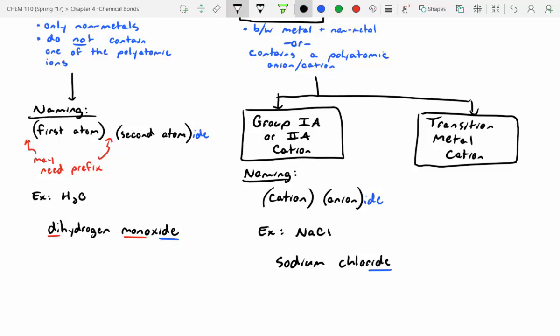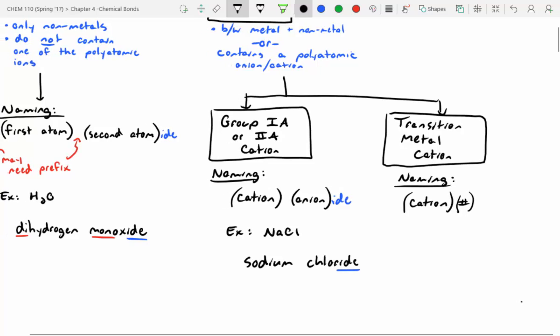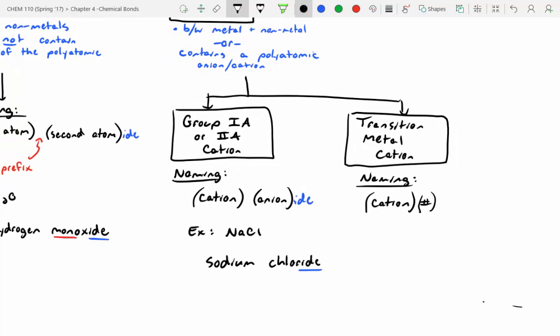And then let's refresh our transition metal one. We've got our cation, our number that's a Roman numeral, and then anion with an IDE suffix.